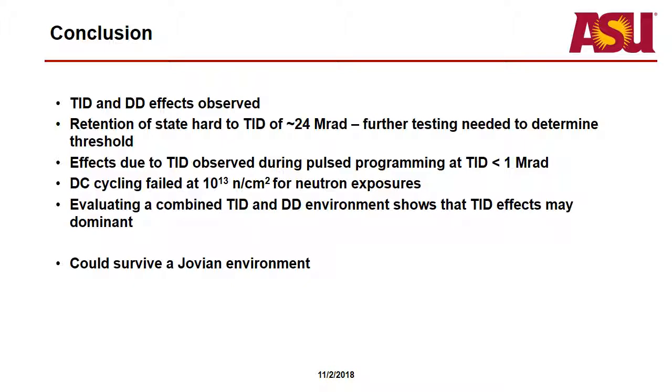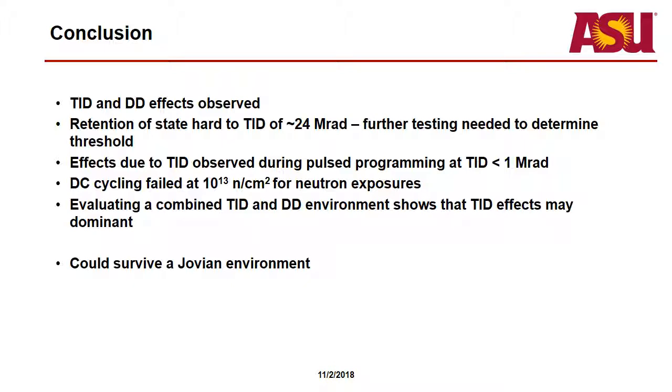For pulse programming, we saw these effects due to TID at less than a megarad, which is really surprising, because most of the other tests that we've done in the past have been DC sweeps or pulse endurance tests, which had millisecond pulse times. So they're relatively long, and they used compliance limiting circuits instead of relying on the pulse width of the test.